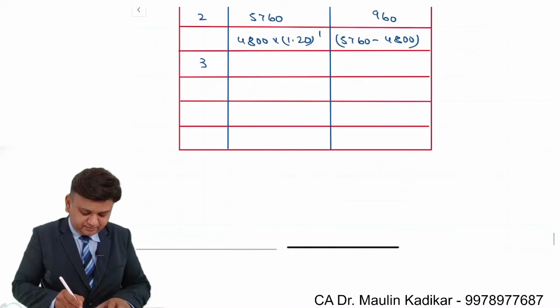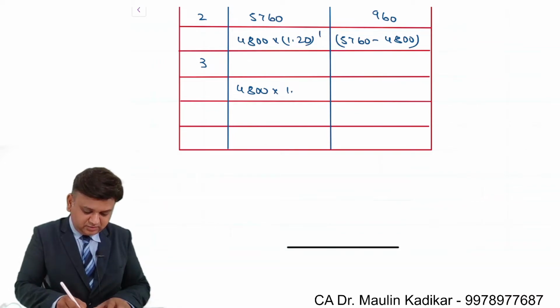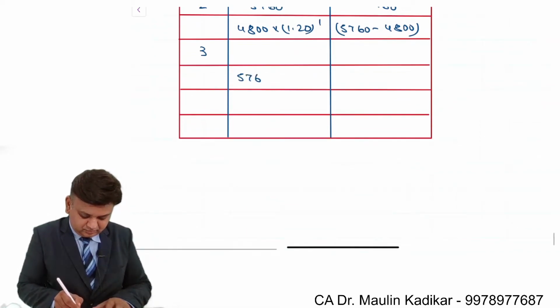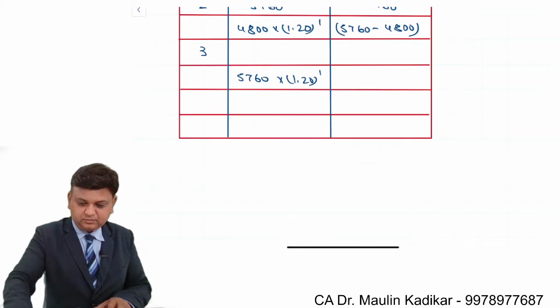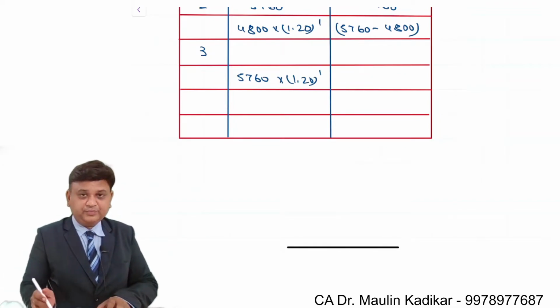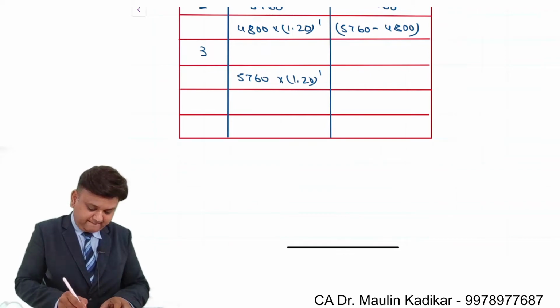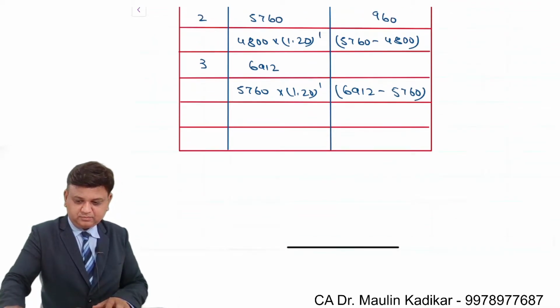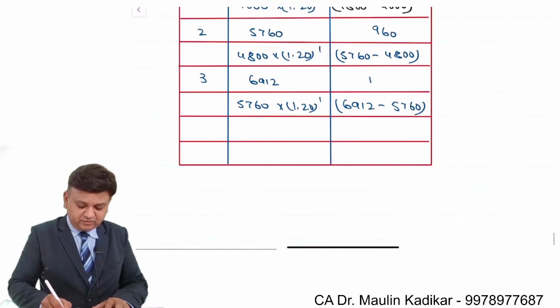Third year, 5,760 into 1.2, 6,912 minus 5,760, 1,152.